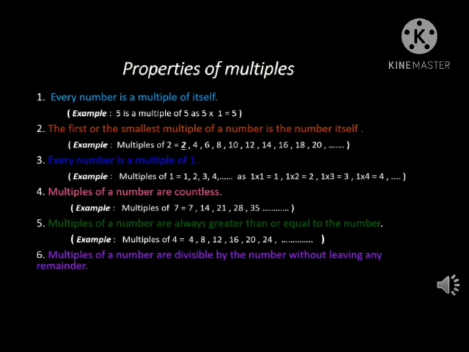Now, sixth property is multiples of a number are divisible by the number without leaving any remainder. For example, 27 is a multiple of 3 because 27 divided by 3 gives 9 without leaving any remainder.